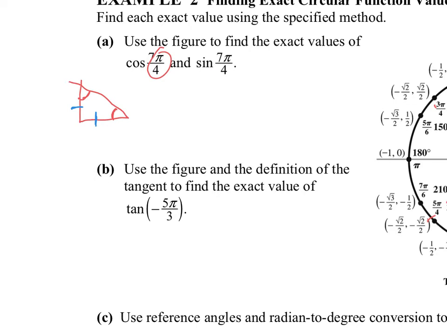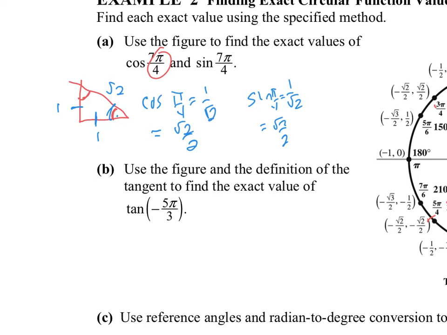So that would have meant 1, 1, square root of 2. Pick either angle and realize that the cosine of pi over 4 is 1 over the square root of 2. And so is the sine, 1 over square root of 2. And if I rationalize those, I get square root of 2 over 2. The sine of pi over 4 is also square root of 2 over 2.